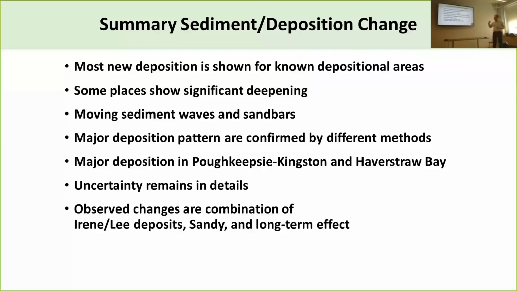There are other areas we didn't look at, like part of Newburgh Bay, so quite a bit of uncertainty remains. And as was already said, what we see is a combination of the deposits from Irene and Lee, the changes caused by Sandy, and also the long-term effects over these stretches. Yes, it looks like the net result of all the pluses and minuses is negative.